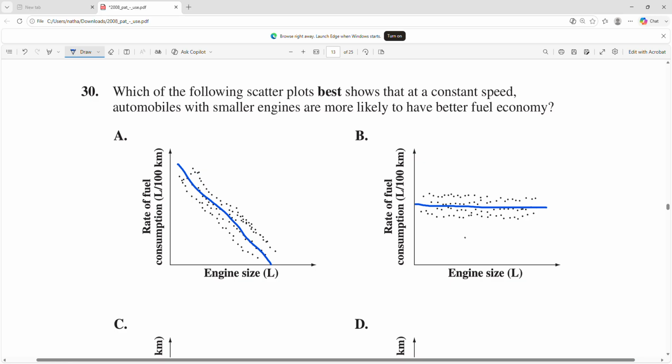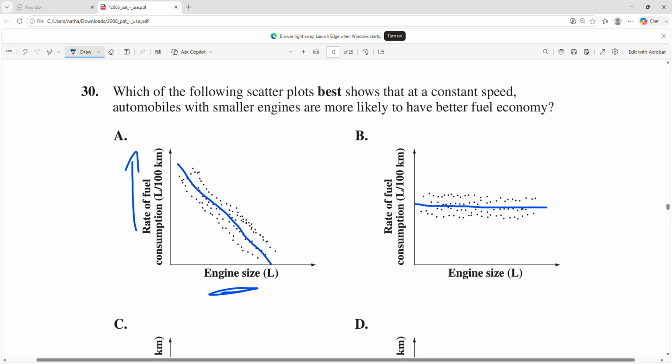So this constant speed part is just referring to a chart. Okay, we've got engine size on the bottom, and on the side we've got the rate of fuel consumption, meaning how fast fuel is consumed. If it's high on here, that means fuel is being consumed a lot very quickly.